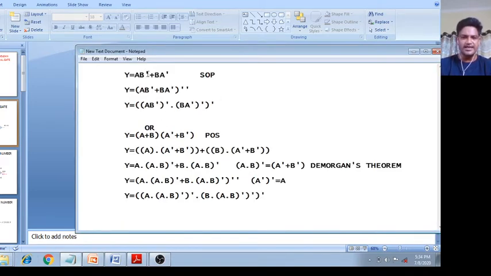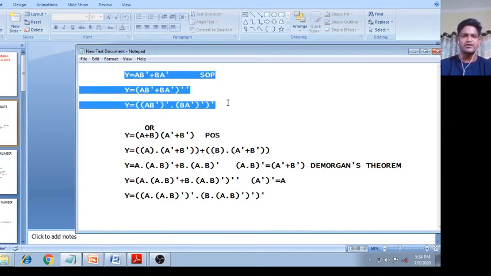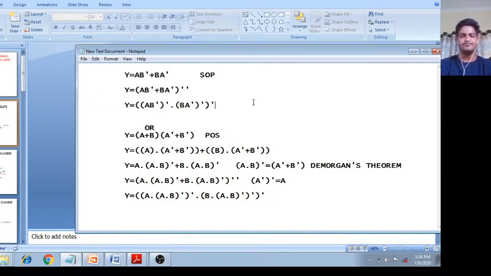Now in this case there is an individual complement, again there is an individual one, so I will try to implement by using POS form, product of sum form. And you know, in case of XOR gate, the SOP expression is A B dash plus A dash B, and in POS it is (A plus B) and (A dash plus B dash).